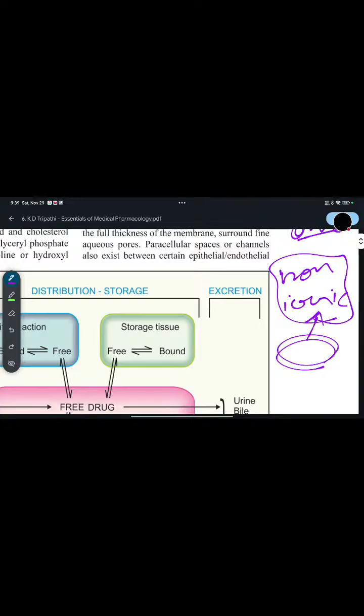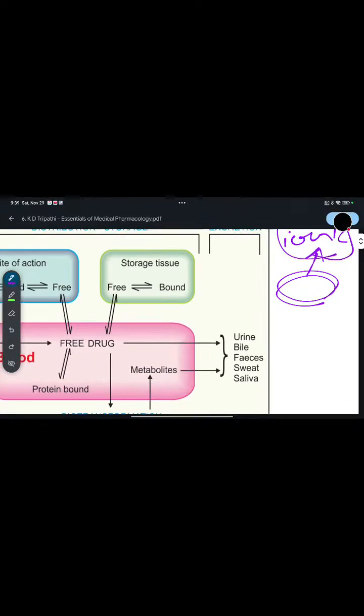Why? Because the cell membrane is polar or non-polar? Non-polar. Why non-polar? If you remember the lipid bilayer. When you see the cell membrane, it is made up of a lipid bilayer. That is also very important, and it is very well explained by the sandwich theory.